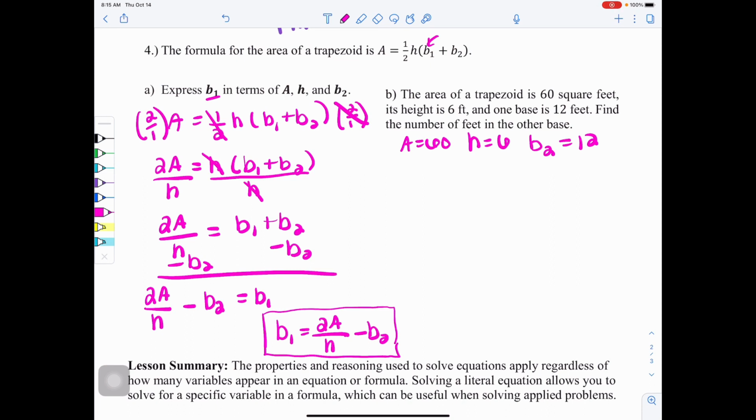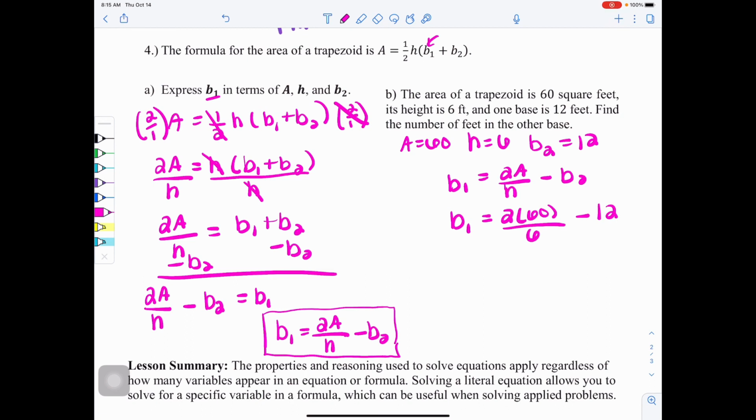So because I've transformed the formula already, I'm going to use that transformed one to find my answer. And because of that, look what happens when I do my substitutions. 2 times A, which was 60, over H, which was 6, and then minus B2, which was 12.